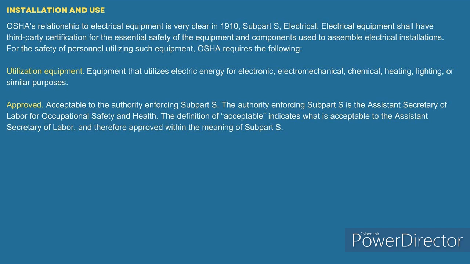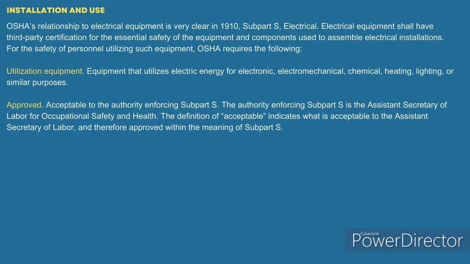Okay. Now, as I look at utilization equipment, it tells you equipment that utilizes electrical energy for electronic, electromechanical, chemical, heating, lighting, and similar purposes. Yep, everybody, that's pretty much word for word what you're going to see in the NEC. Now, watch this. Approved, acceptable to the authority enforcing subpart S. The authority enforcing subpart S is the Assistant Secretary of Labor for Occupational Safety and Health.